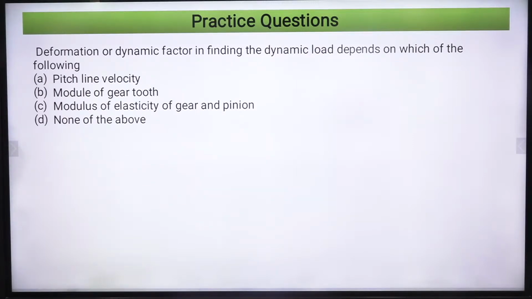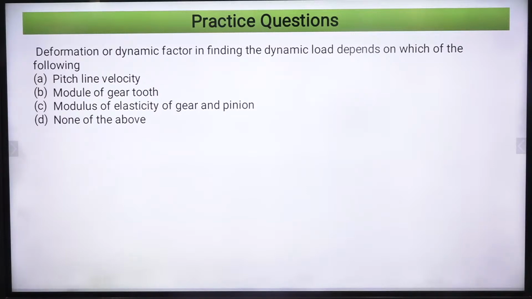Okay. Now, for this, you need to know, I think somewhere I mentioned about A. Okay, only one of you has answered. Okay, two. A, you are still sticking to pitch line velocity.